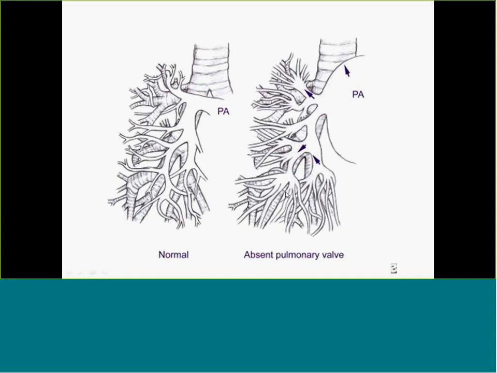Two, you have obstruction in the airway due to the abnormal branching pattern of the pulmonary artery, a leash-like branching pattern which surrounds the small airways and causes compression, and you have obstruction at the intrapulmonary airway level.